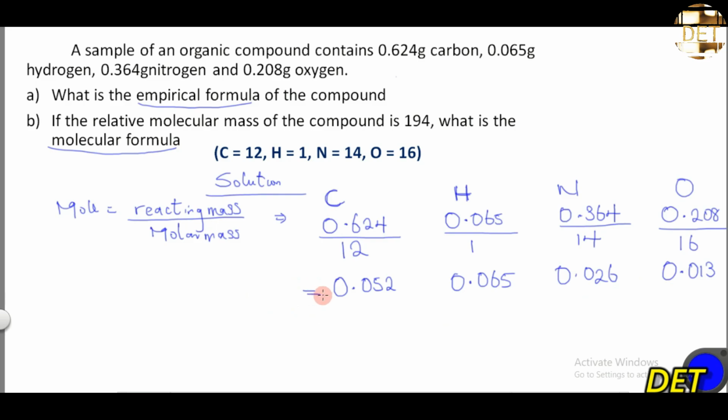So these are the number of moles of all the elements in this compound.